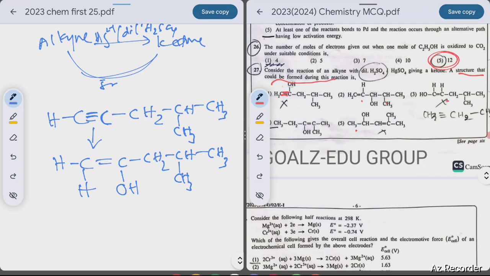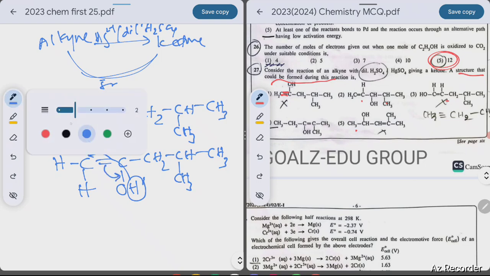Next what happens is the H in this OH group goes to the other carbon. It goes with this carbon and this pi bond comes here. Right? This goes with this carbon and this pi bond comes here. And it will form this.